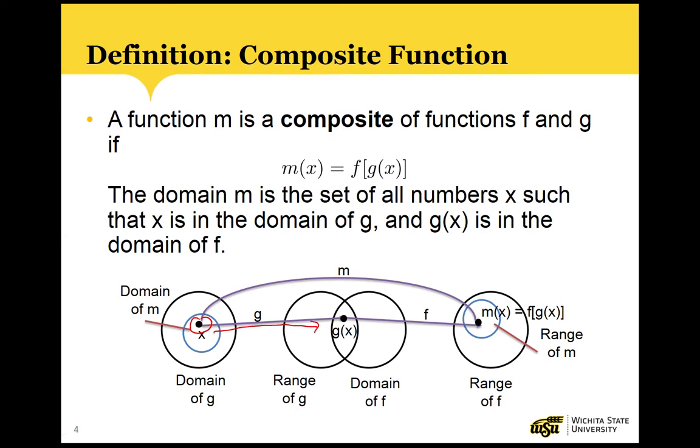The function follows the composition and goes through a chain, jumping into the range of g in the domain of f, and then finally into the range of f over here, or it follows the path of the composite m, making the jump in one step. So the bottom part represents the chain that we're talking about, and thinking of the one function m as the composition of two functions f and g gives us an ability to evaluate its derivative.